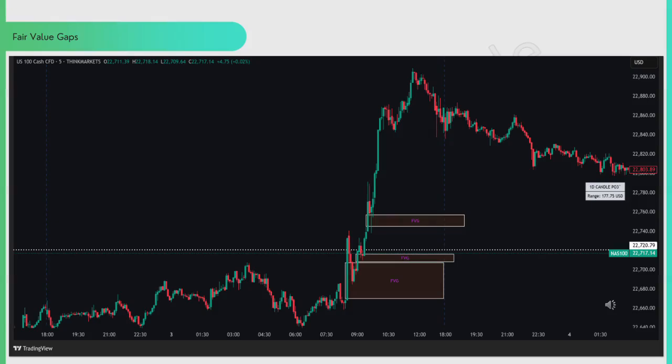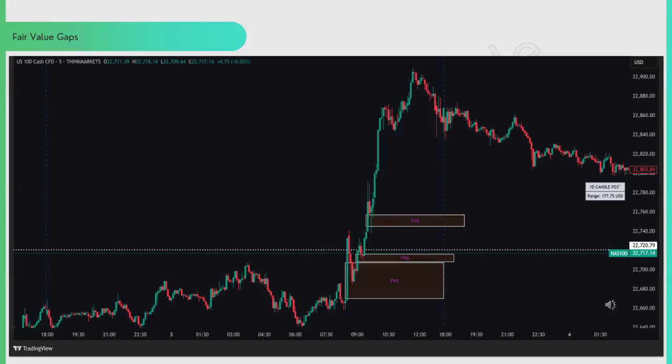See the fair value gap formed here, the price comes back into it almost at the middle of the gap, then rallies back up, creates another gap, price comes back into it, rallies back up, and the third one, price comes back into it, fills the gap, delivers the sell side now, and then continues back up. So you keep doing that until it gets to where it wants to get to, or where the institutions are actually moving the price towards.